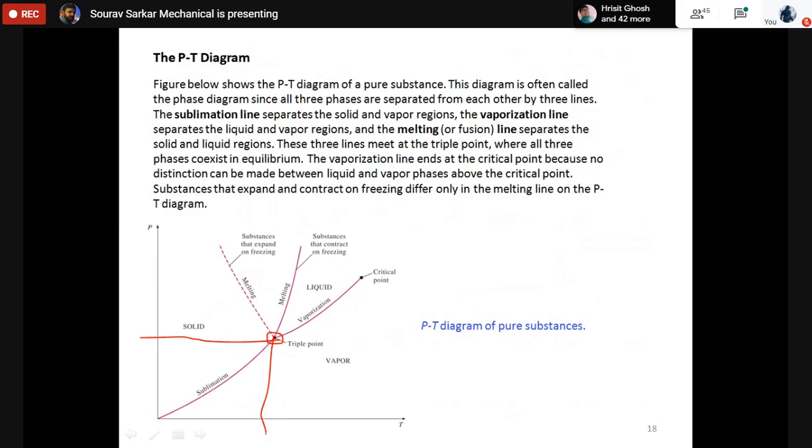So basically what I'm trying to say is that every process that we have shown in the previous diagram is basically a point. Here melting starts, and at the same point the melting ends.